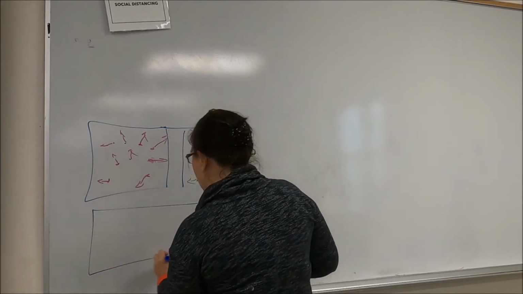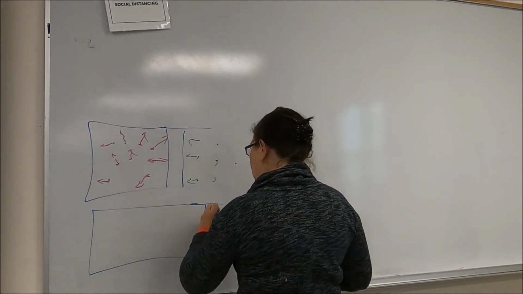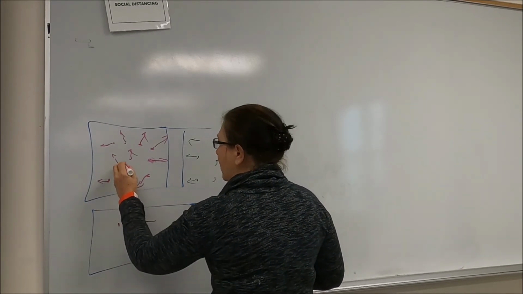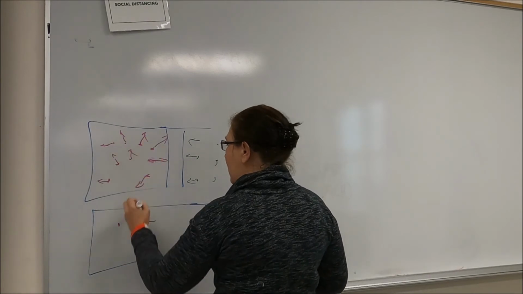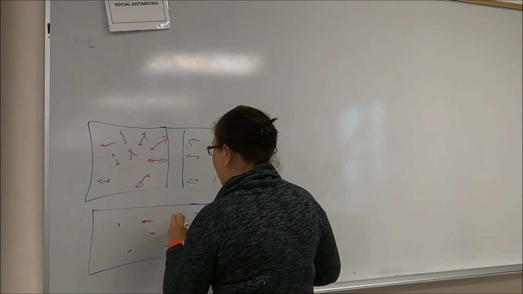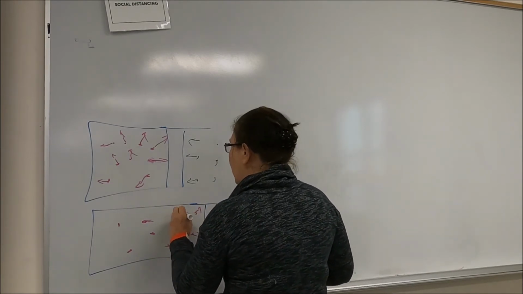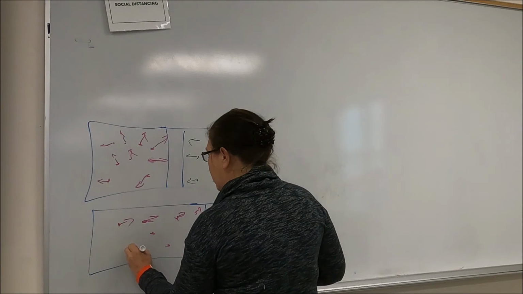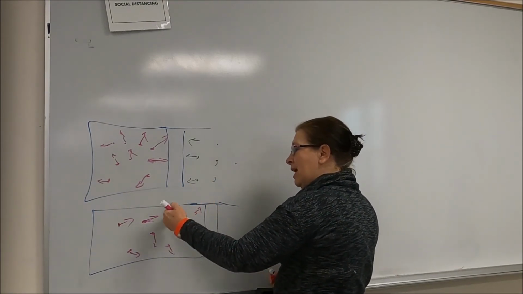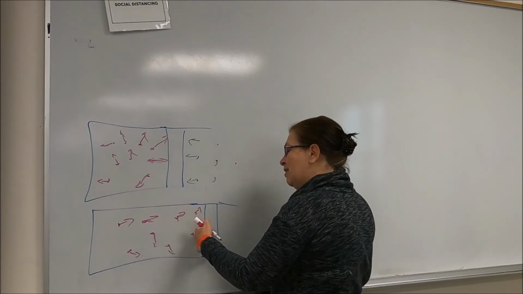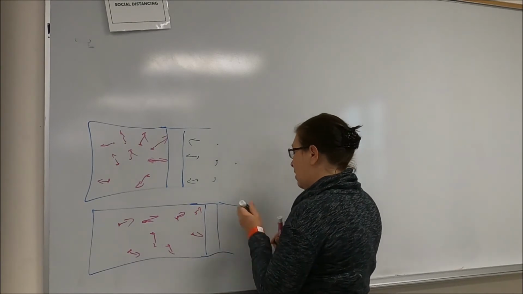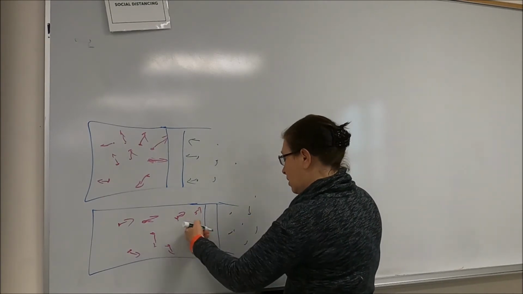If the piston moves out to here, to expand out, in the process of going from here to here, these particles had to be hitting the piston wall harder than my green ones out here to move it out.